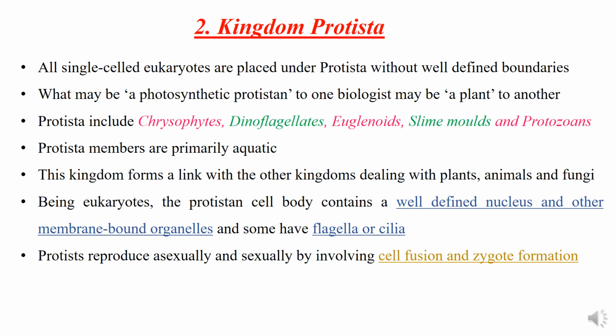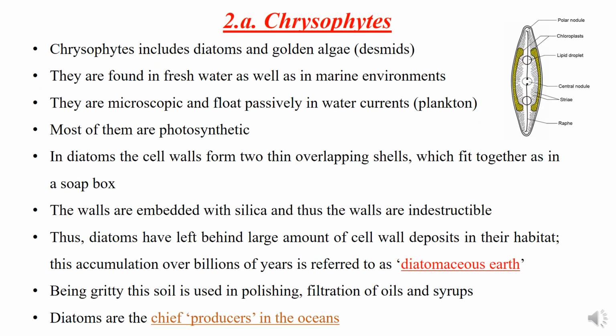Being eukaryotes, the protistan cell body contains a well defined nucleus and other membrane bound organelles, and some have flagella or cilia, which are locomotory organs helpful for the motion of that organism. Protista reproduce both asexually and sexually, involving cell fusion and zygote formation. Sexually means zygote formation, asexually means cell fusion.